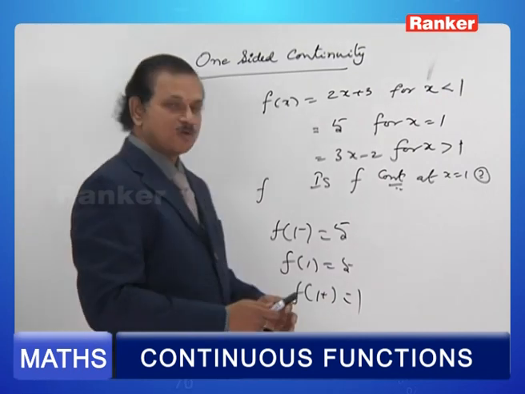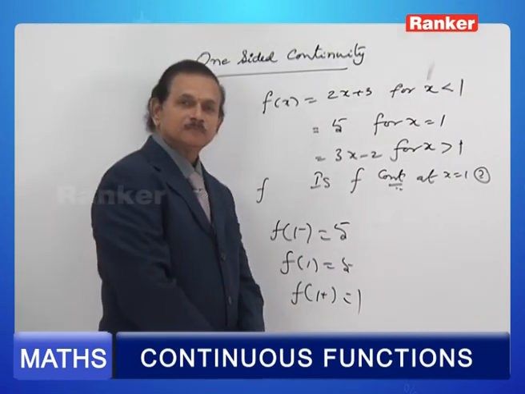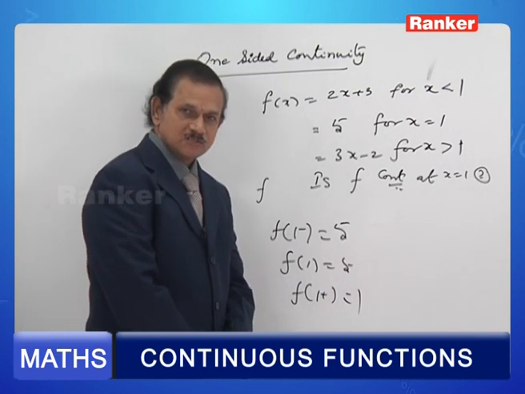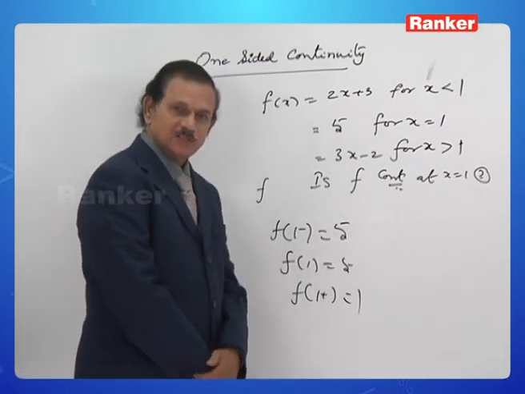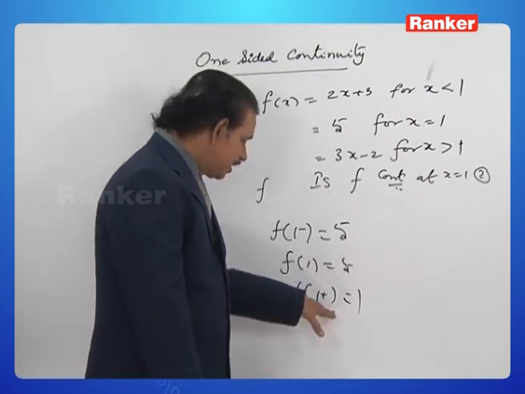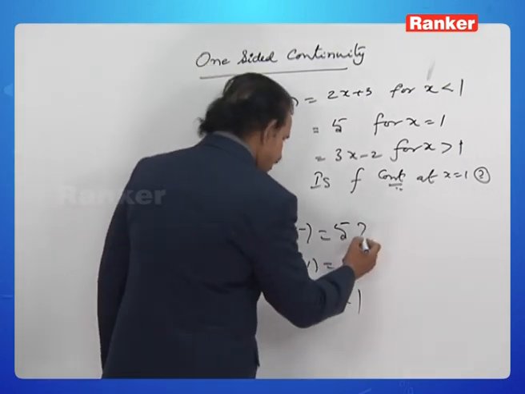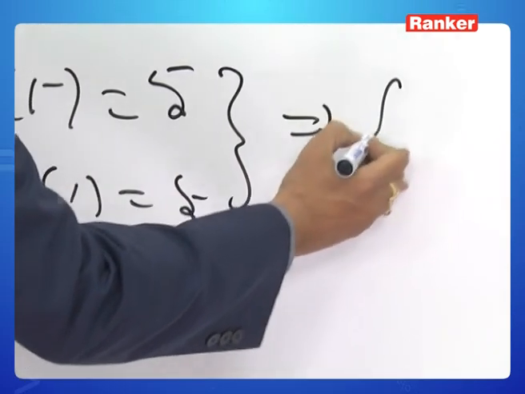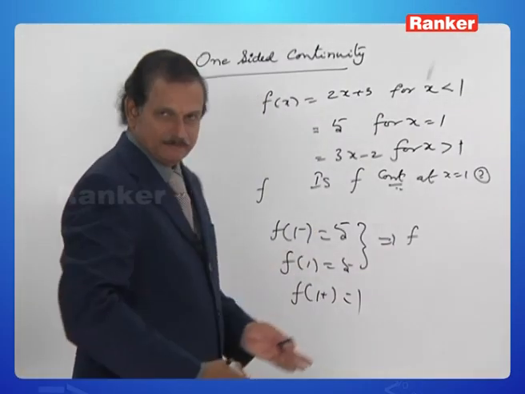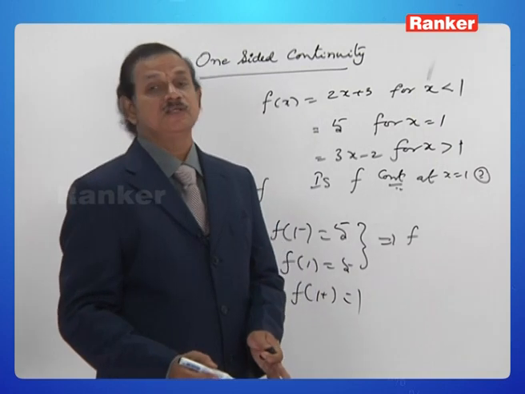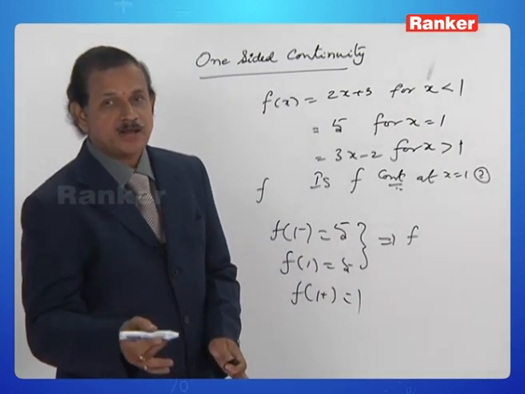What is your observation? Left hand limit exists, f of 1 exists. These two are equal but not equal to f of 1 from right. So from these two itself we say that f is continuous from left or right?